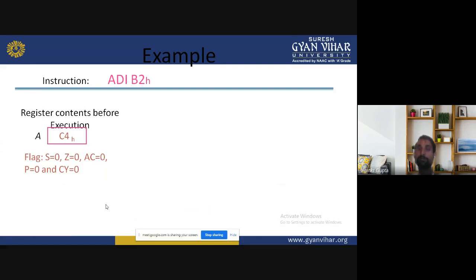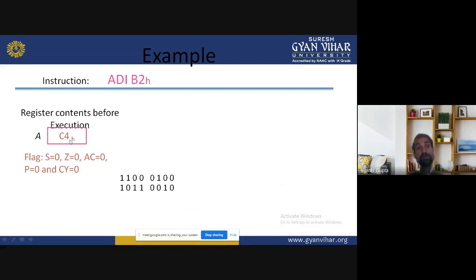Then what happens? C4H is transferred to the accumulator. That C4 data will be added to the B2, because directly data is given, and the instruction says that data is added to the accumulator data.